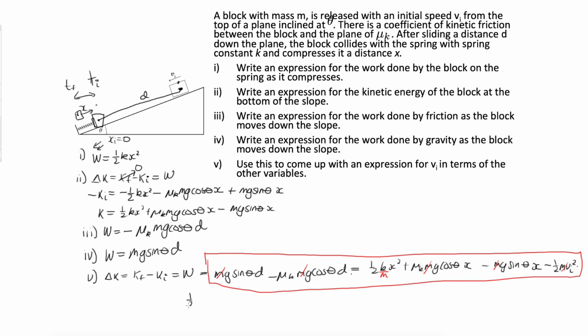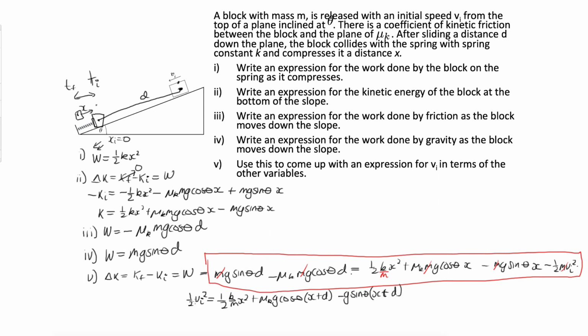So we've got a half vi squared is equal to a half k on m x squared, and then we've got plus mu_k g cos theta. Now we've got the x here and we're moving this one over here, so this is x plus d, and then we've got minus g sin theta x, and then we're moving this one over here, so it's x plus d.